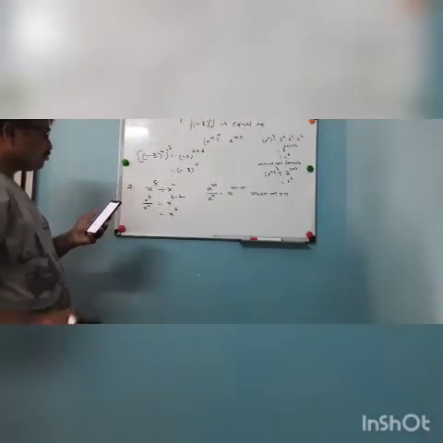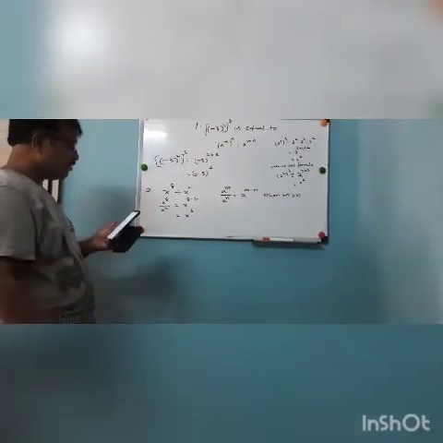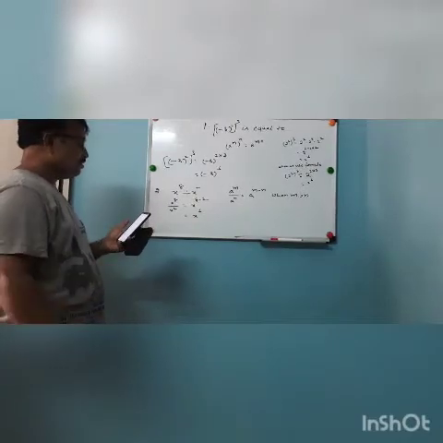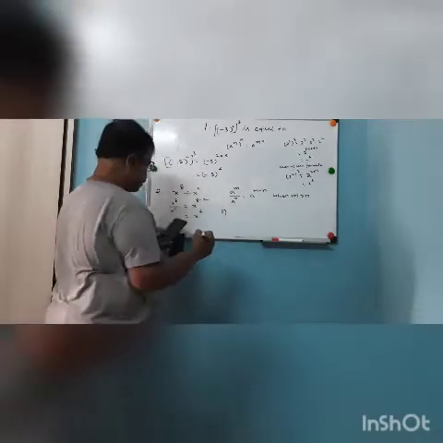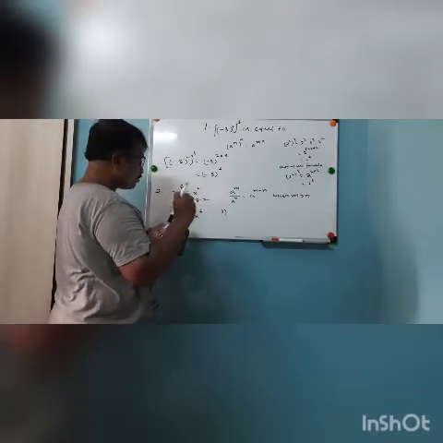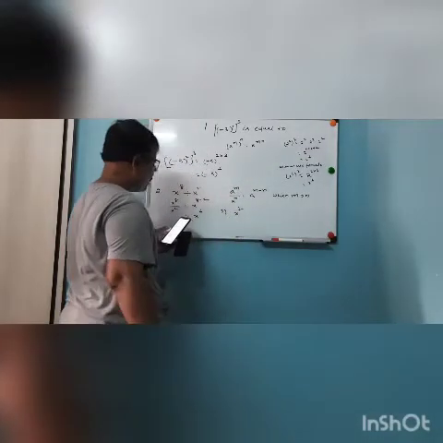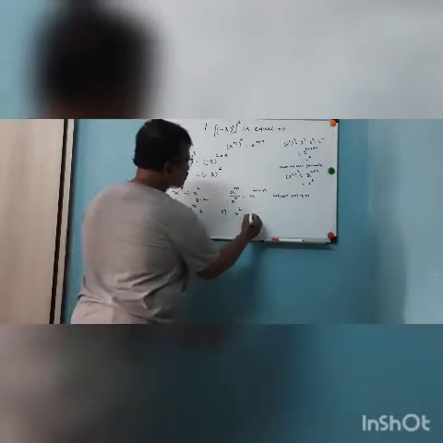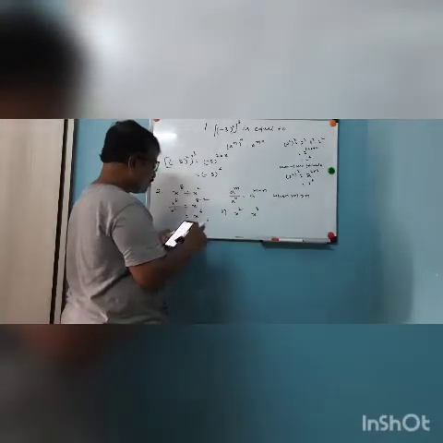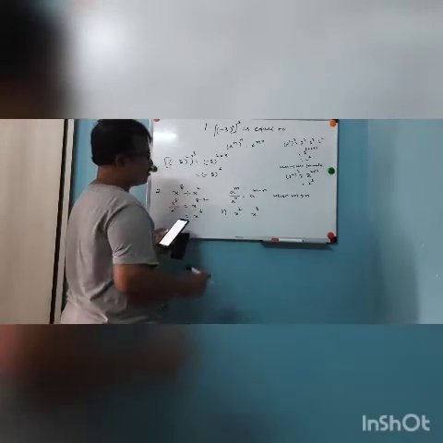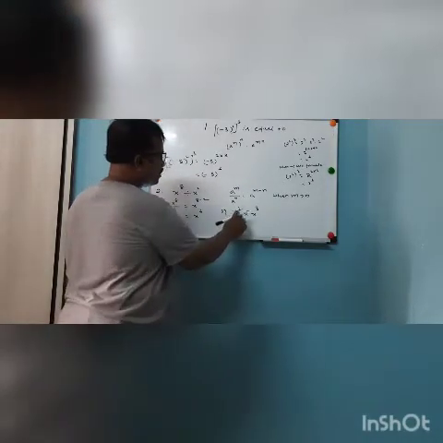The square of x is x square, and the cube of x is x cubed. The product of the square of x with the cube of x means we have to multiply these two: x square into x cube.